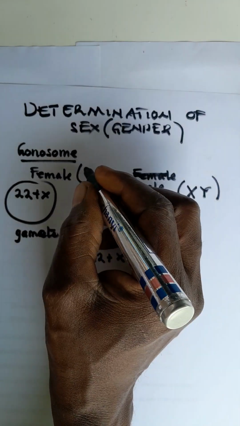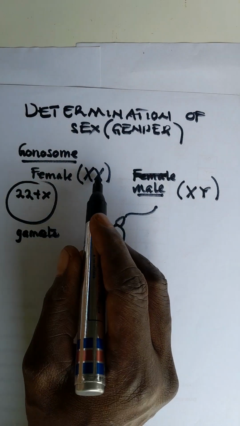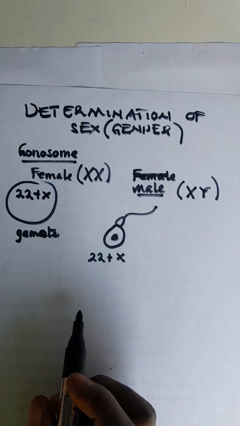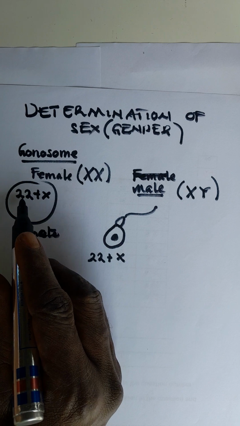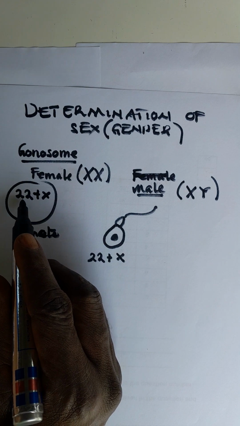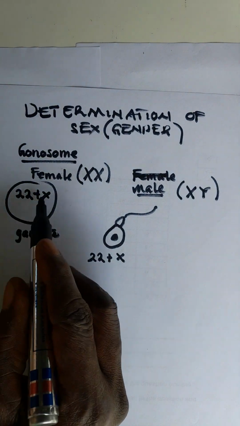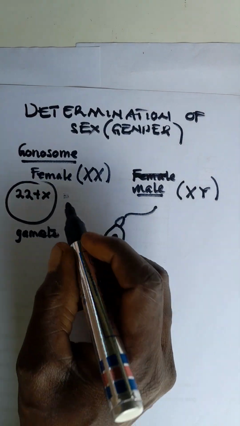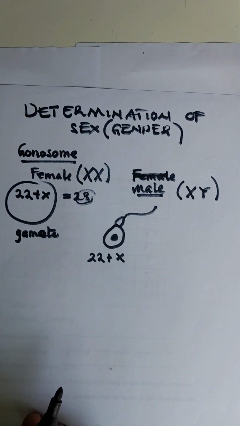So this is a diploid cell. When it undergoes meiosis, there are 22 autosomes that are going to be produced plus the sex chromosome. As you can see, this gives us a total of 23 chromosomes altogether in the nucleus.